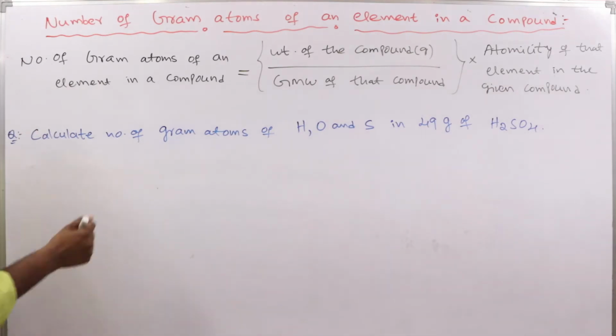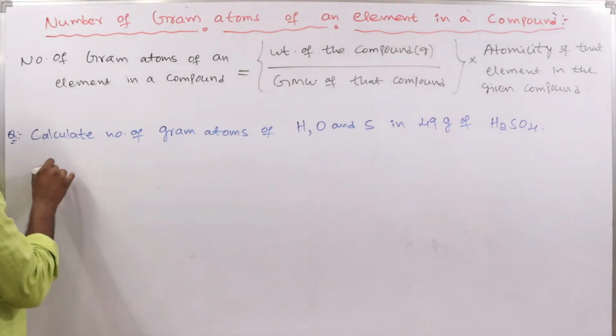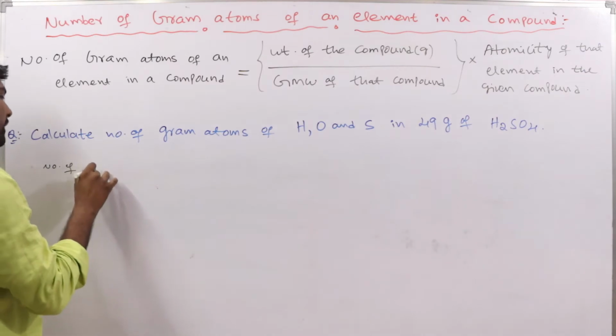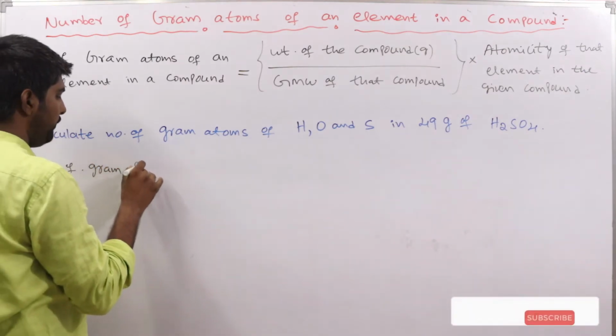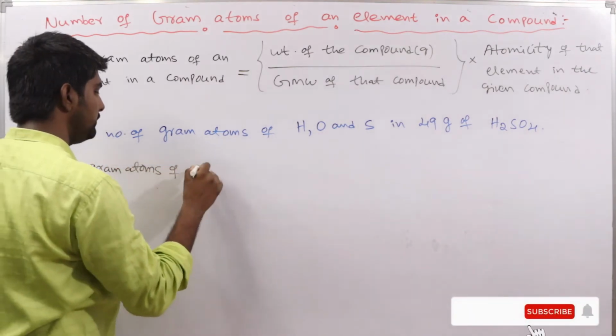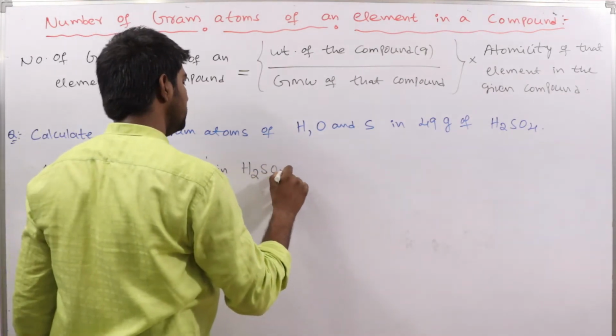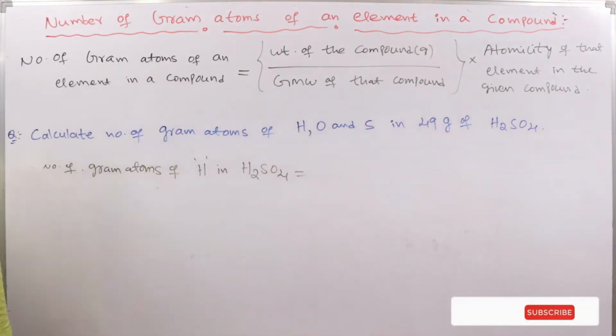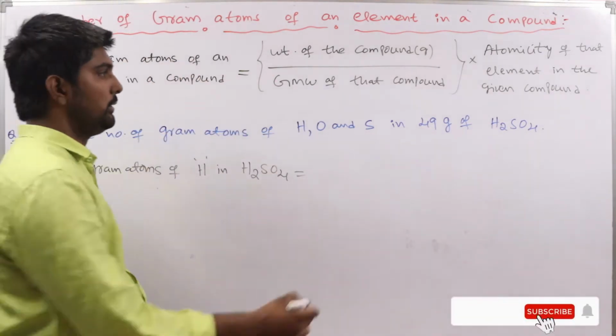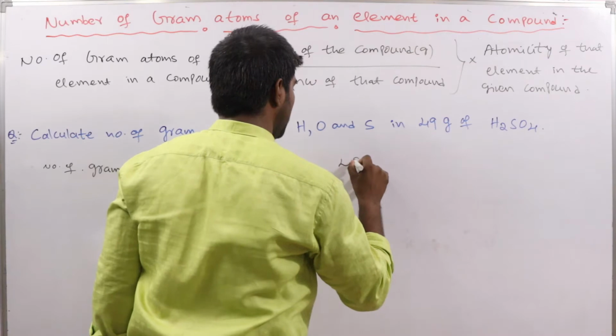First of all, for hydrogen, the number of gram atoms of hydrogen in H2SO4. What is the formula? Weight of the substance: how much is given? 49 grams.